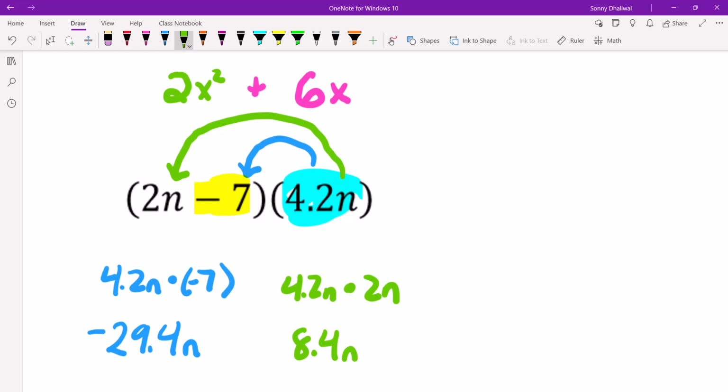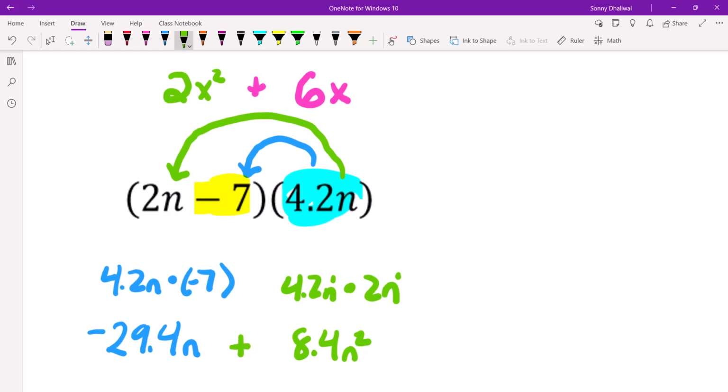We're multiplying n, so we add the exponents. 1 and 1 gives us a 2. Now we need a sign separating this term from this term. Is it going to be a plus sign or a minus sign? Plus, it's a positive number. This is 4.2 times positive 2, so there's a positive 8.4. So that'll be a plus sign.